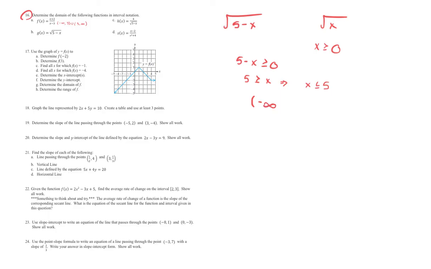And then as we move up, we eventually reach 5. And at 5 we have some sort of issue, but we're allowed to plug in 5. If I plug in 5, this still works, because again, the square root of 0 is just 0, so there's no issue with plugging in 5 here. But anything greater than 5 we can't plug in.